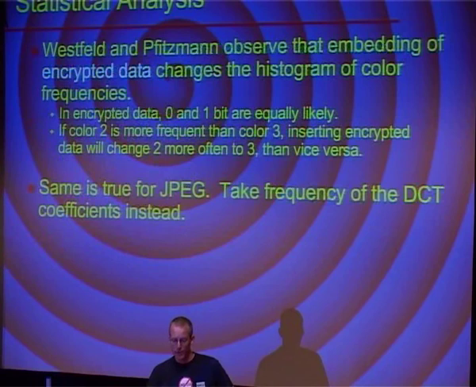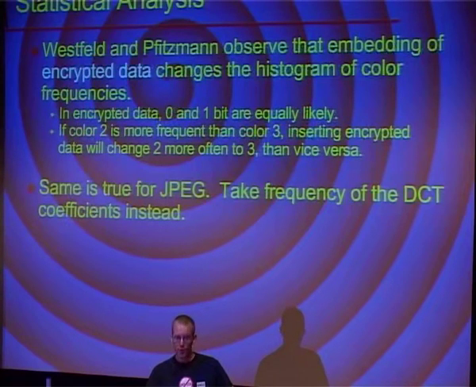So Westfeld and Pfitzmann observed that the embedding of encrypted data changes the histogram of color frequencies. As I just said, encrypted data has high entropy. 0s and 1s are equally likely to happen. And now if you think of an image that has the color 2 in there quite often, and the color 3 only a few times.